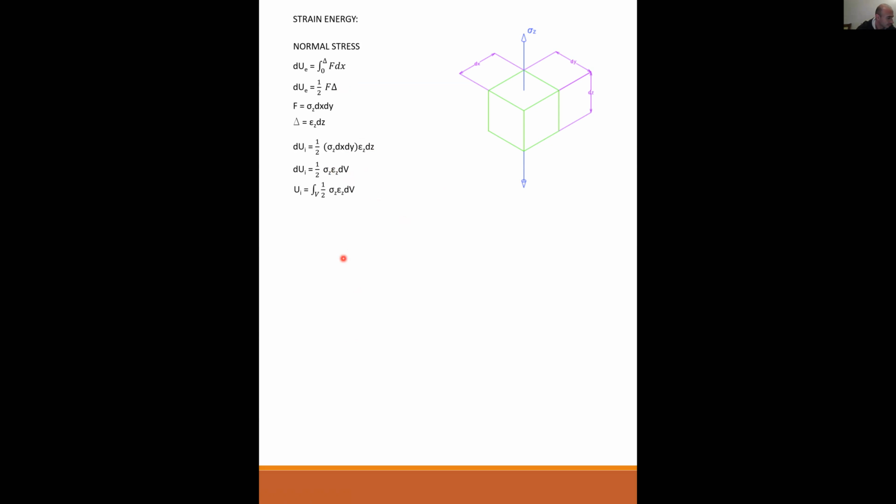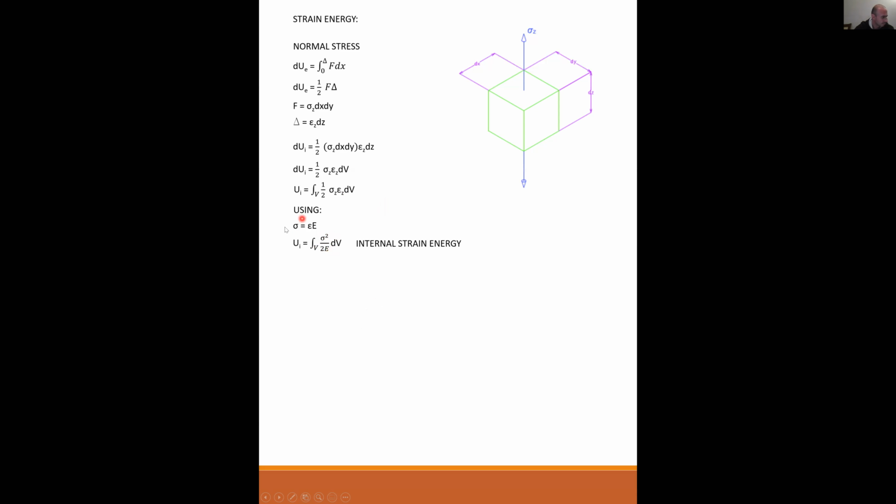So then I can integrate to get to my energy, and I integrate over the volume. Using Hooke's law, sigma is equal to epsilon times Young's modulus E, I can plug that in here, and that gets rid of epsilon. So now I've got the integral of sigma squared over 2E dV.